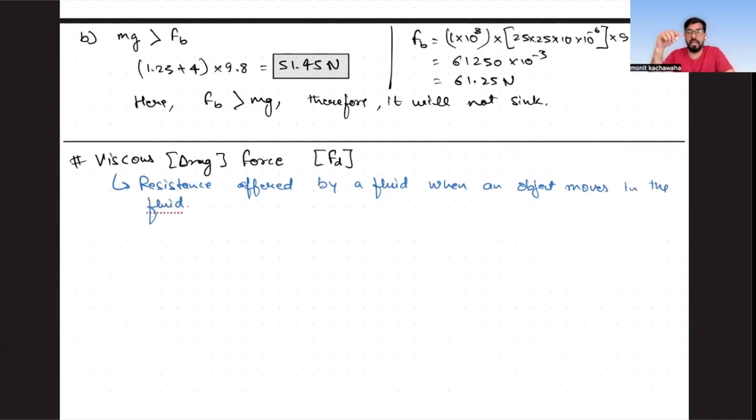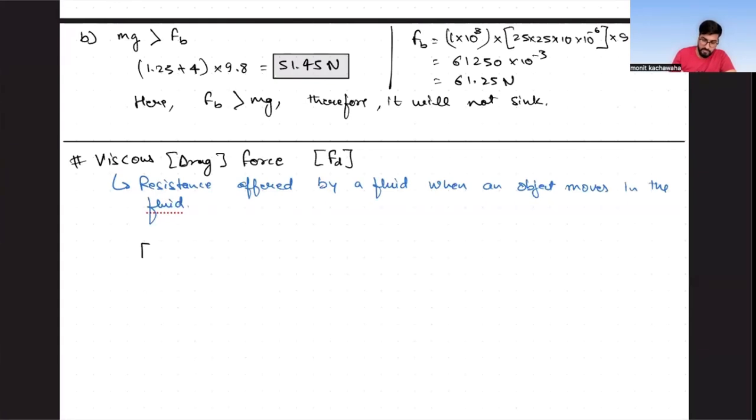Buoyant force will act whenever an object is immersed in the fluid, whereas viscous force will act if the object starts to move. If it is floating, then viscous force will not act. It only acts when the object is moving through the fluid. Am I clear?